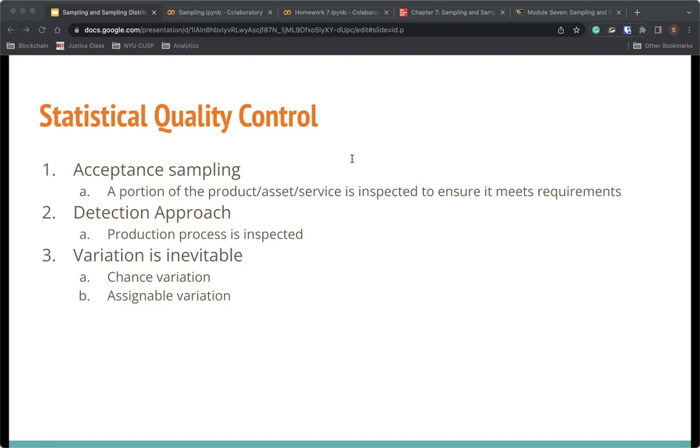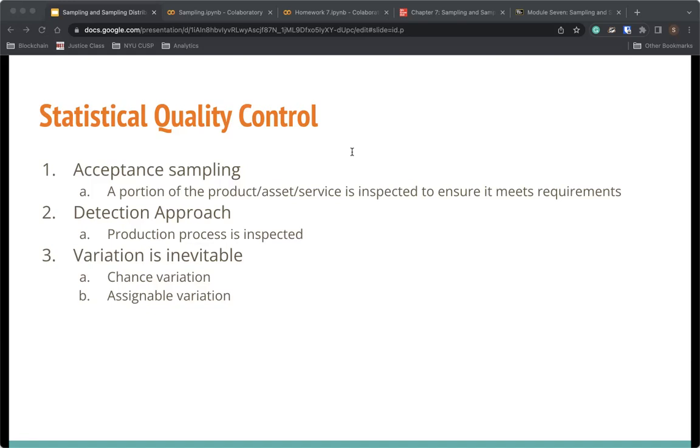So compared to this acceptance sampling, which is almost like the least exhaustive approach of quality control, where you just take a little sample and say, these are good enough, let's move with everything, this other would be this detection approach, which is a little bit more robust and probably preferred, where this looks at the production process rather than the output itself.